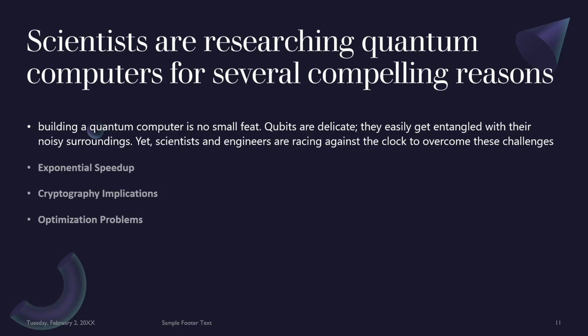Scientists and engineers are racing against the clock to overcome these challenges. But we expect that sooner or later we can make efficient quantum computer structures, and then we can use the algorithms for boosting our calculation compared with classical computing.